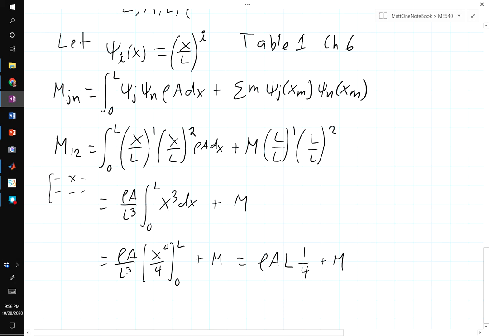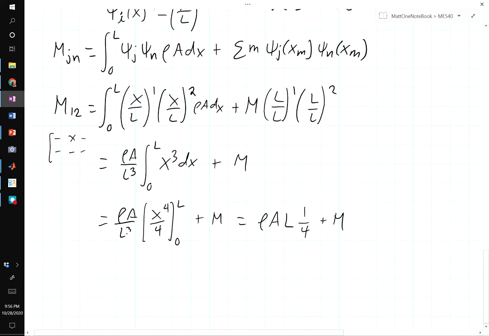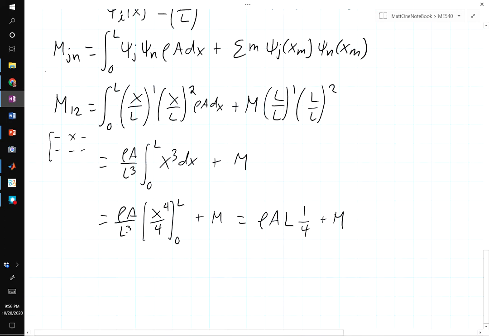So that's all there is to it, and especially with polynomials, this is easy enough that we can just evaluate this integral for a general case.